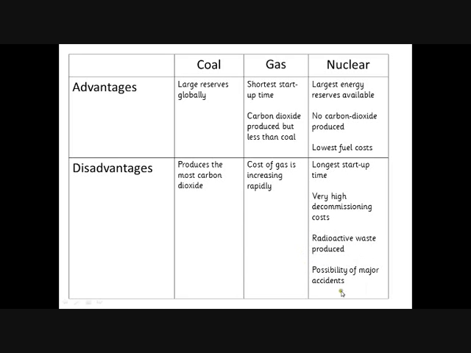And then, of course, most crucially of all, there is that possibility of a major accident which could kill thousands of people in one go. So obviously the accident at Chernobyl and the accident at Fukushima, those have made a lot of people very dubious about the wisdom of building nuclear power stations.